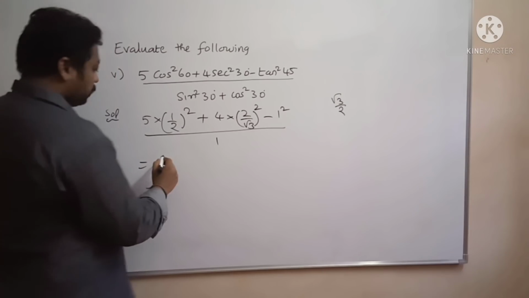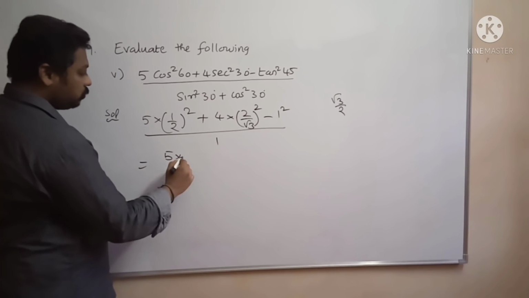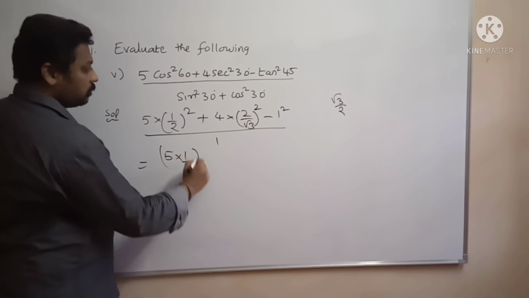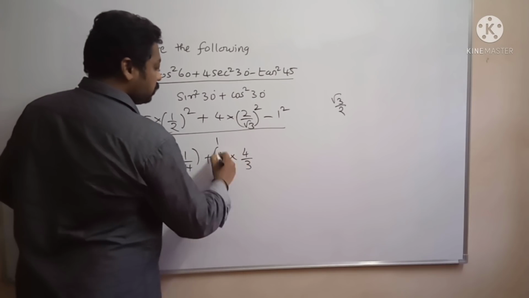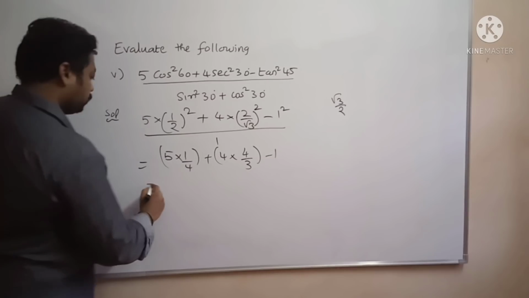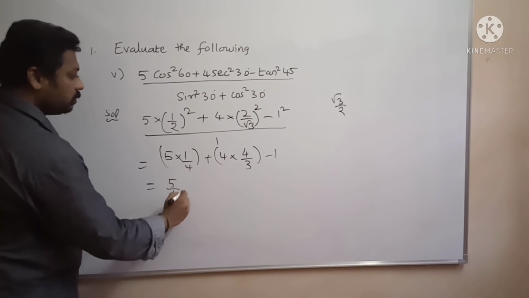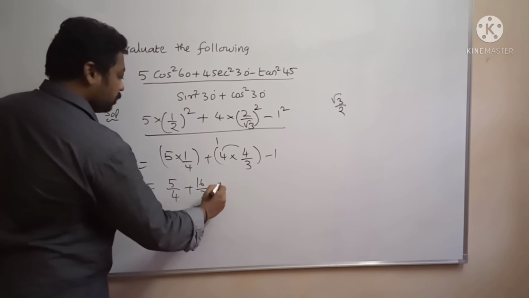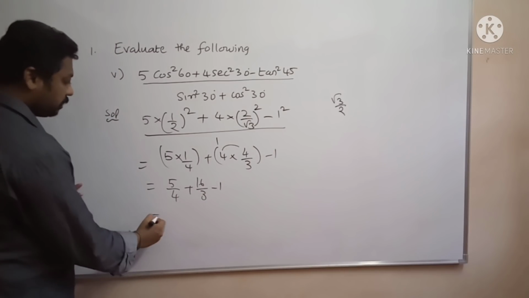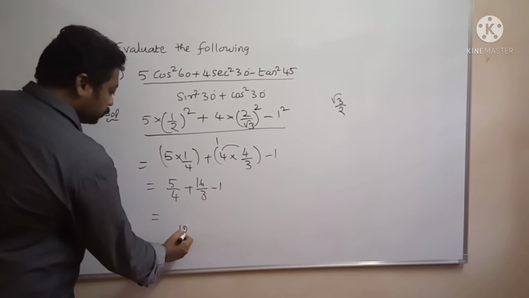So the numerator is 5 into 1 by 2 whole square, it is 1 by 4, plus 4 into, so this is 4 by 3 minus 1. So 5 by 4 plus 4 4s are 16, 16 by 3 minus 1. Just we take the LCM: 4 3s are 12.